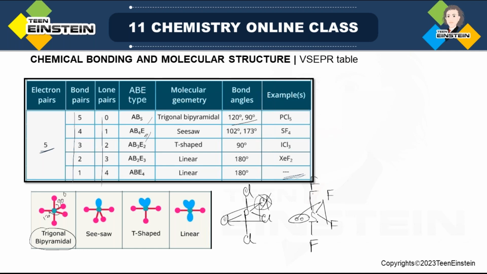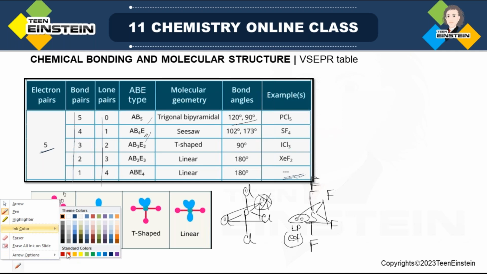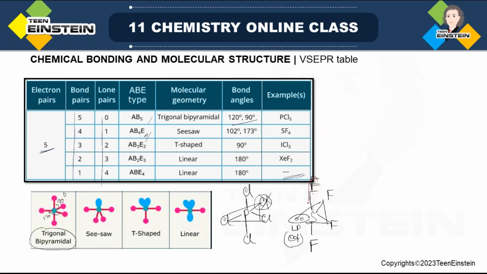So this will be F, and the lone pair will always be in the equatorial position, not the axial position. Now without the lone pair, if you focus on the remaining shape, it is like this.